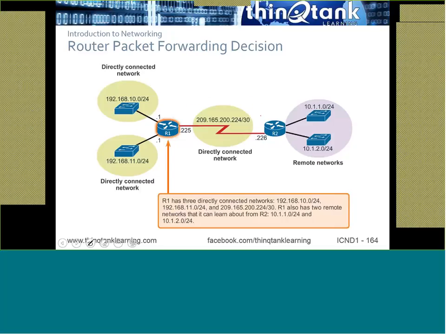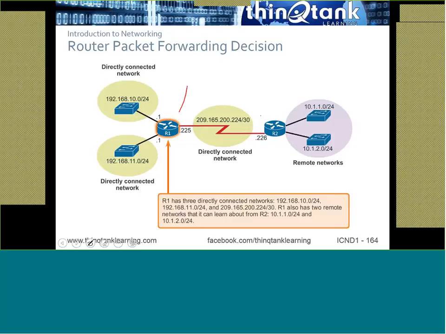Now, routers, by default, don't really know anything. Out of the box, routers really have no knowledge of what's happening on the network. So routers have to be configured with IP addresses on their interfaces. The interfaces have to be activated, and for certain types of destinations, the router has to be told how to reach those particular destinations.